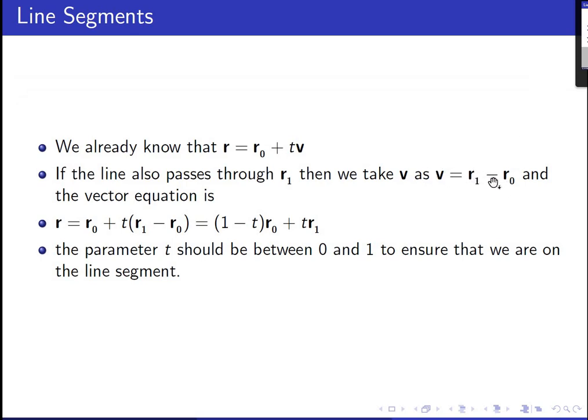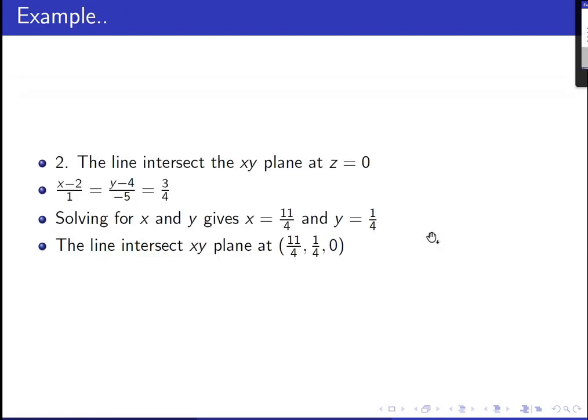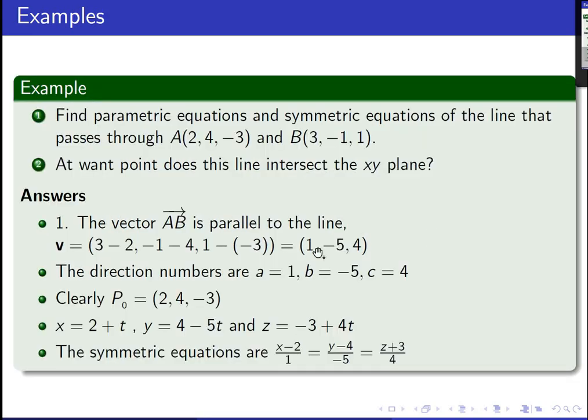We take the direction as r1 minus r naught if our line passes through 2 points r1 and r naught. So we get the direction vector, as I've already indicated at this point here, right?